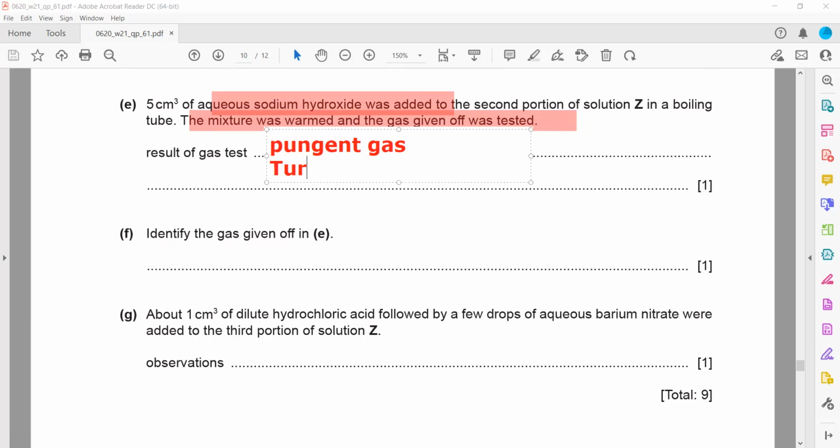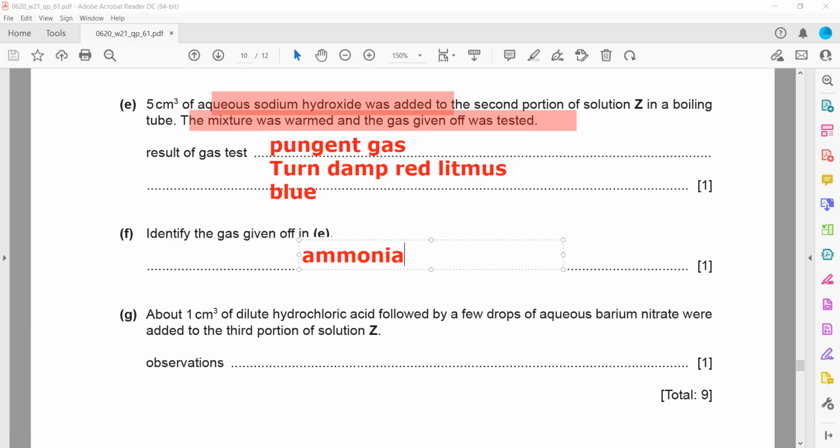It will turn damp red litmus paper blue. Identify the gas given off in E. That is ammonia.